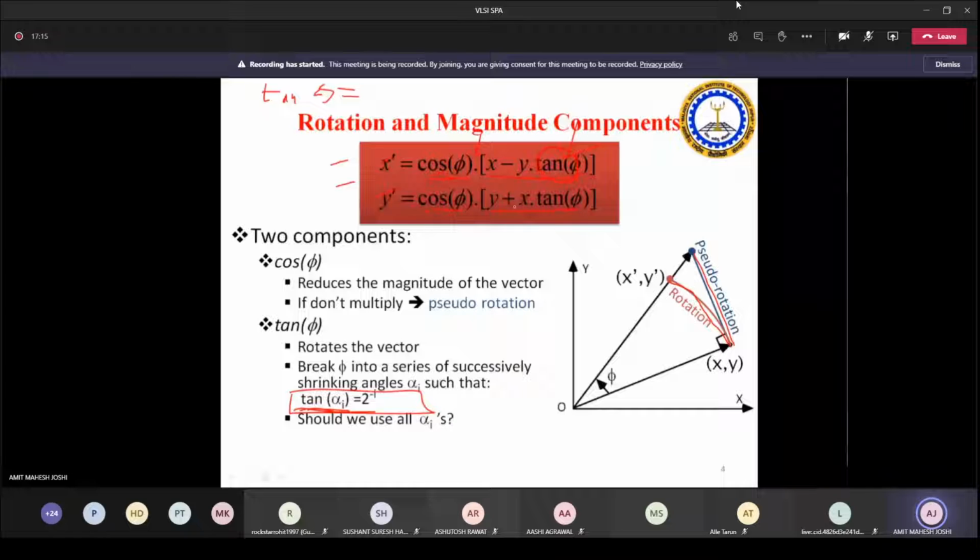So we are just considering this in the 2 raised to minus i form. Now this tan alpha i, when we want to calculate one particular angle, I am considering this angle as alpha i.